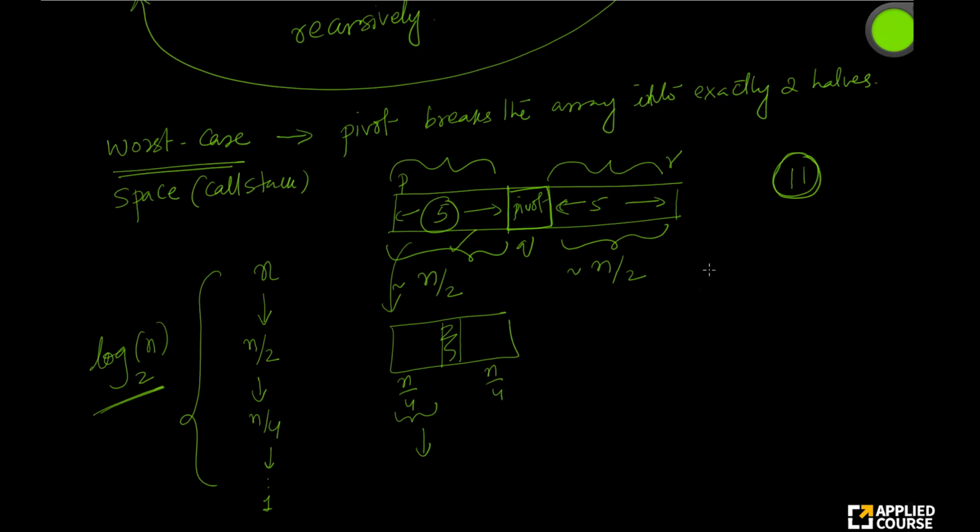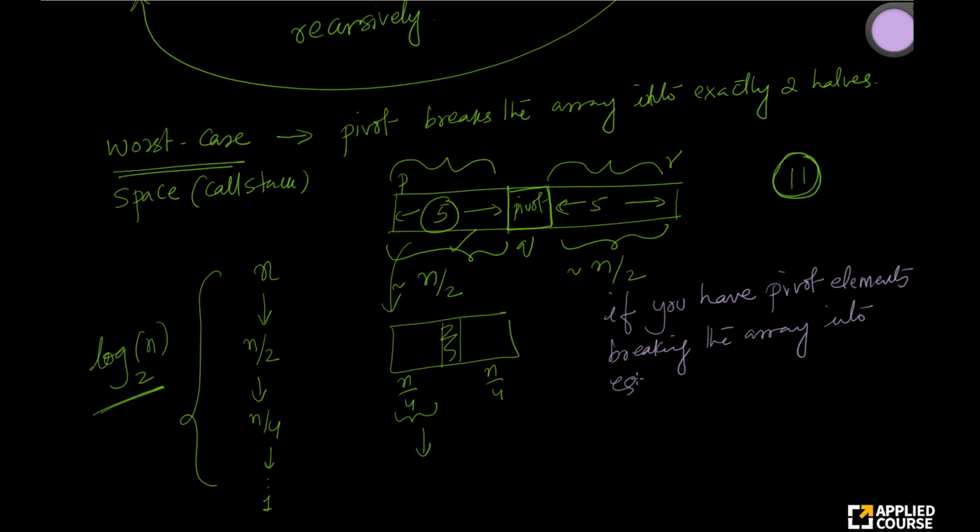Right? So what happens is, if you have a situation where pivot elements are always breaking your array into equal halves, in each iteration, or in each recursion, basically, in each recursive call, if it's breaking up into equal halves, then what happens?